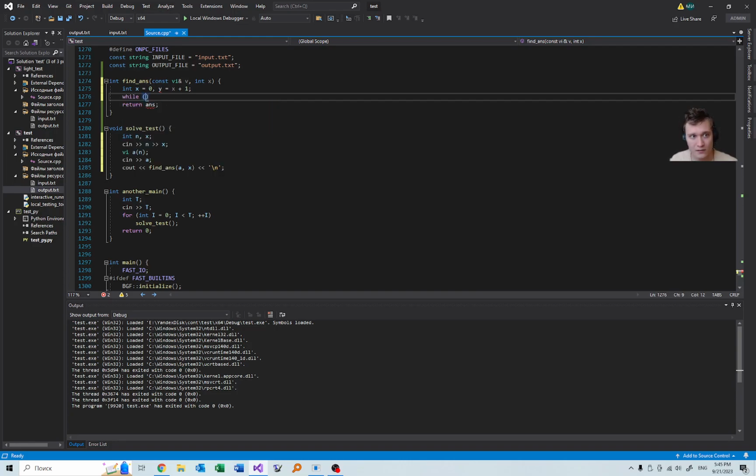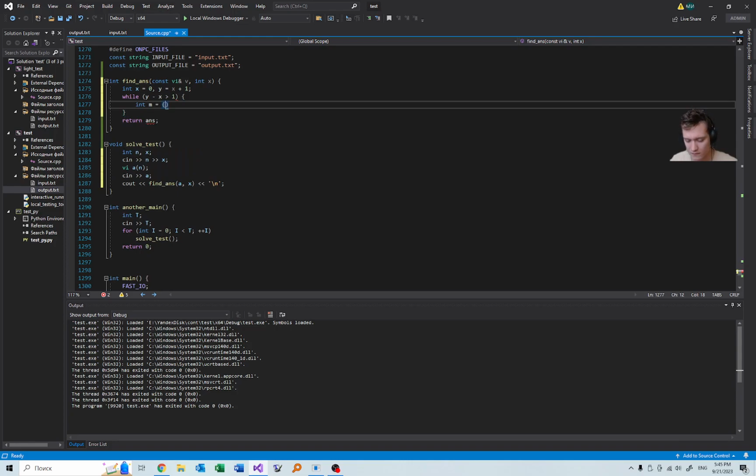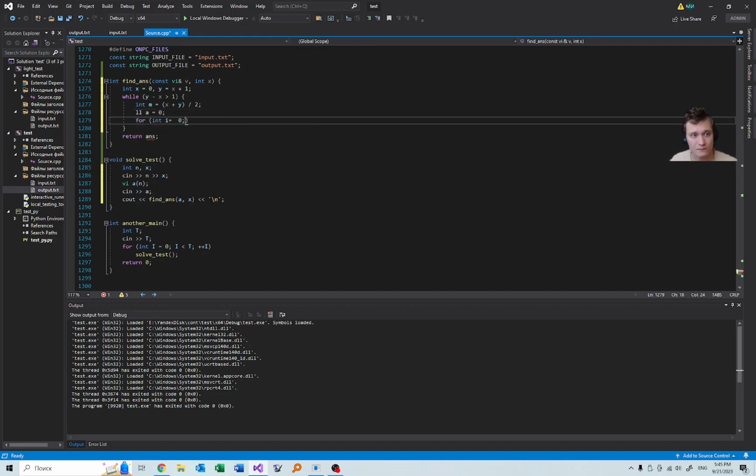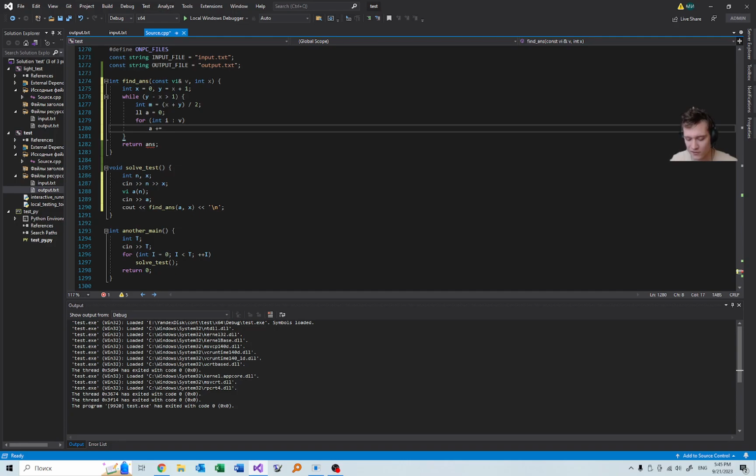Okay, while y minus x is greater than 1, we take the mean value and we go through all the numbers in vector v and say that a plus equals maximum of 0 and h minus v, h minus i actually.